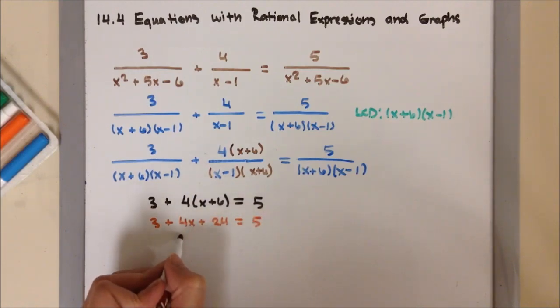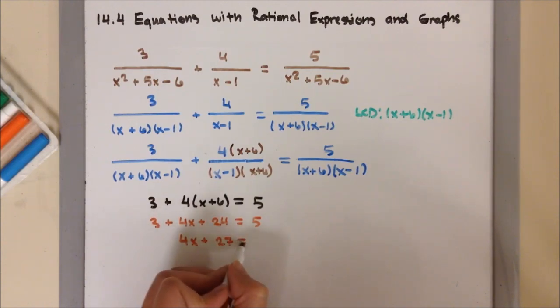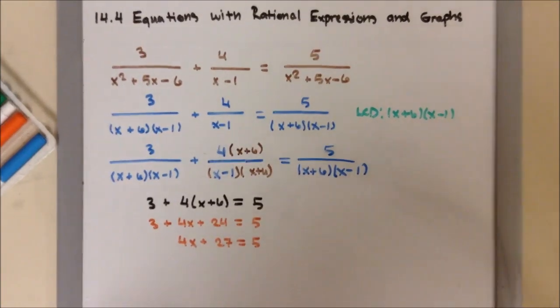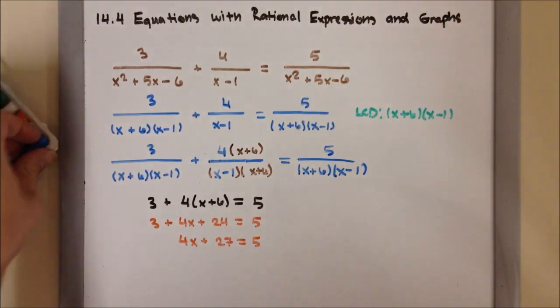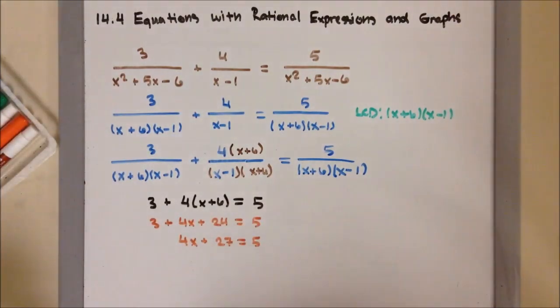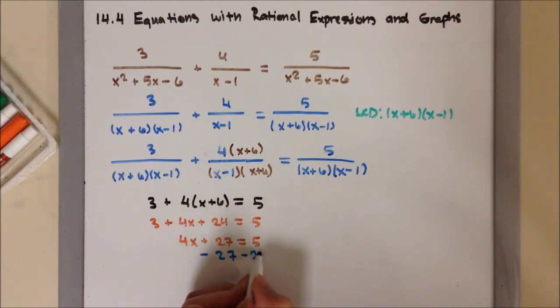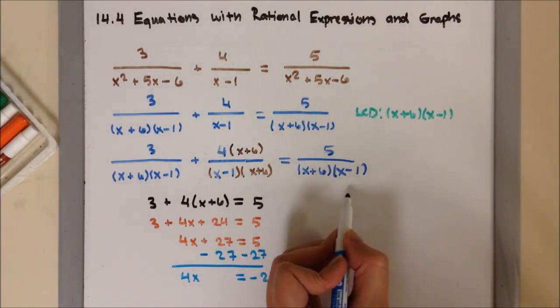Combine like terms, and I'm going to get 4x plus 27 equal to 5. To solve for x, I want to get 4x by itself. I'm going to cancel out the 27, so I'm going to subtract 27 on both sides. So I get 4x equals 5 minus 27, which is negative 22. Let me write it over here for more space.